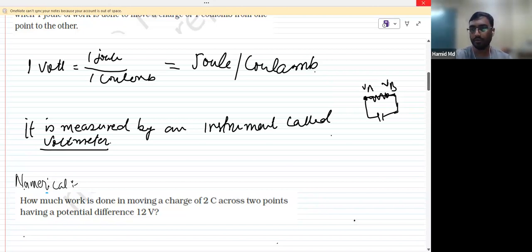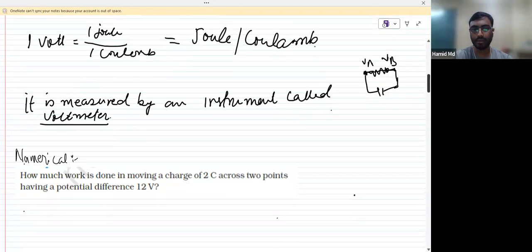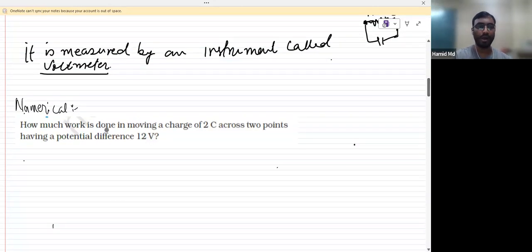So now we have a short example, a numerical. How much work is done in moving 2 coulomb of charge across a potential difference of 12 volt? Madhya and Jaslyn, Ridwan as well, we all did this problem, right?